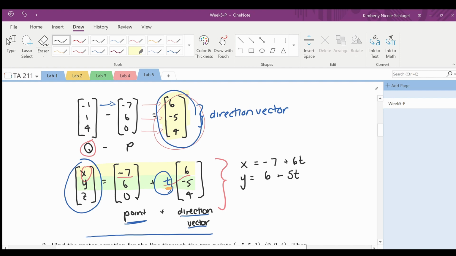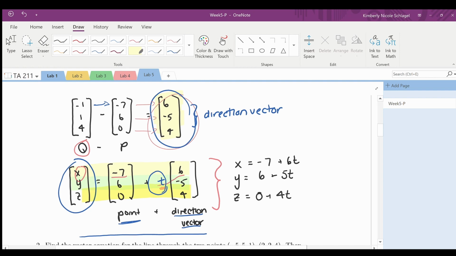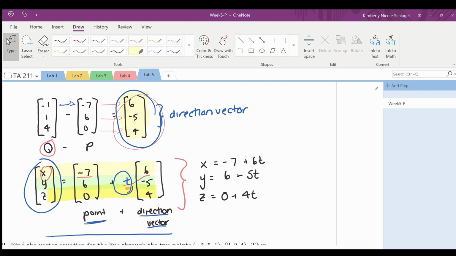Okay, and then our z, same thing, we just look on our row here and we see that our z just equals 0 plus 4t, so we can just write 4t for this one. But these guys right here give us our parametric equations.